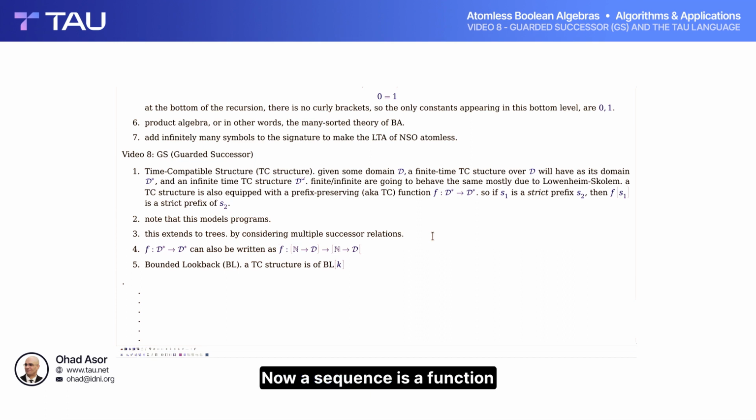Now a sequence is a function from the natural numbers to the alphabet. If it is a finite sequence, then you can consider some symbol that denotes nothing, and then it repeats this nothing from one point on. But note that even this is too general, because in this definition, we do not assume time compatibility.